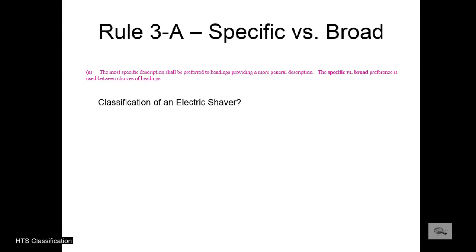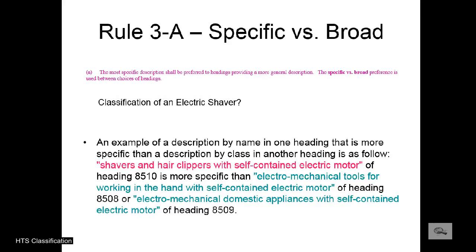The idea is to zero in on what is the most specific choice, not something watered down. Example, description by name in one heading is more specific than description by class in another heading. So you put it under shavers because they're more specifically provided for than miscellaneous electromechanical domestic appliances.